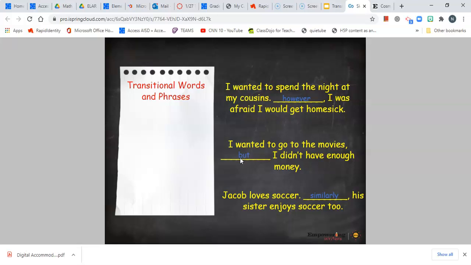We don't need a capital letter. But I didn't have enough money. So but says something opposite. However, also is something alternate. But I can see how they could both work separately.